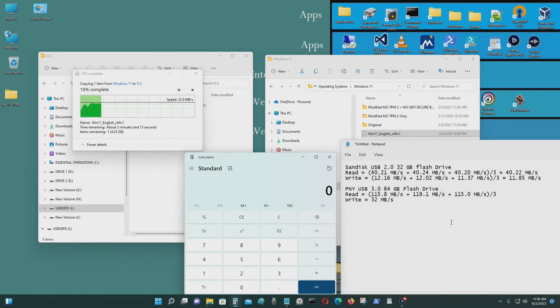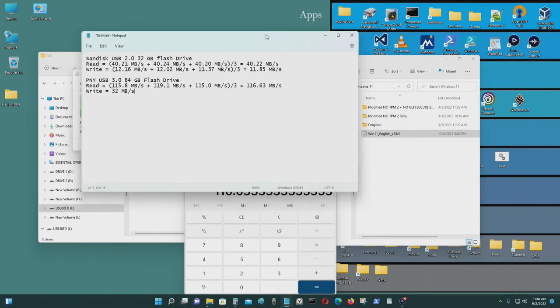So let's see what we get for the read. 115.8. So I got about 116.63 megabytes per second. Over here I got 32.